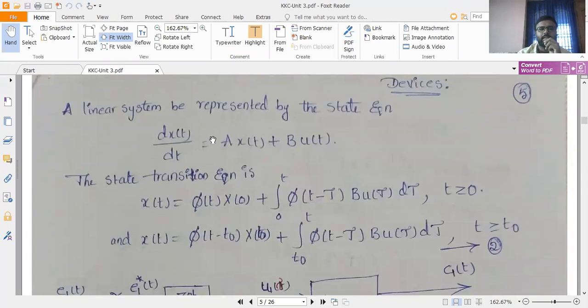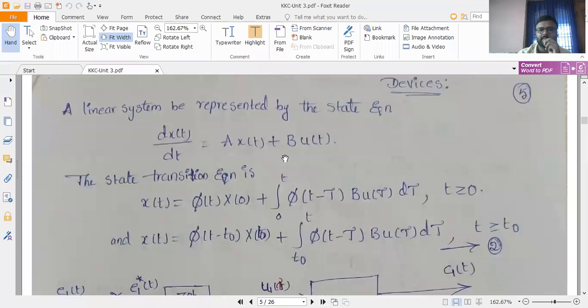let us consider a linear system which is represented by the state equation d by dt of x of t is equal to A into x of t plus B into u of t.